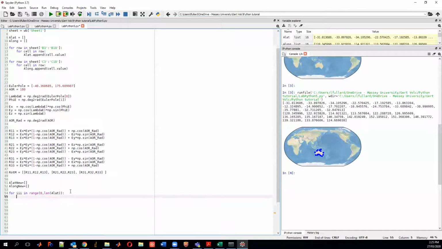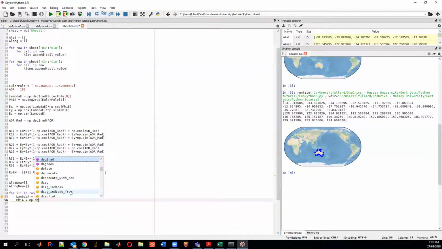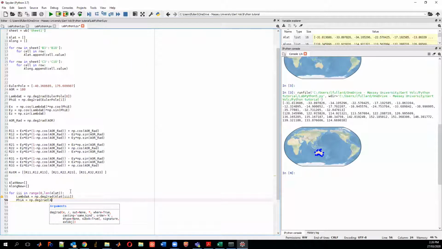So for i in this range, the first thing I'm going to do is convert these latitudes and these longitudes into radians. So lambda A equals numpy.deg2rad of A lat i. And then similarly, phi A equals numpy.deg2rad of A long i.